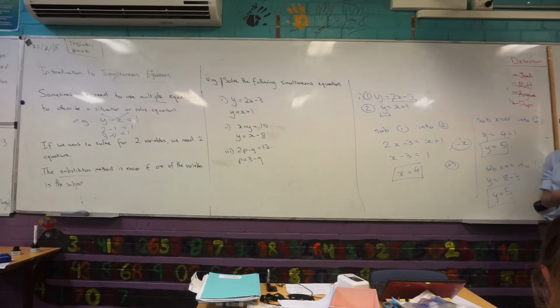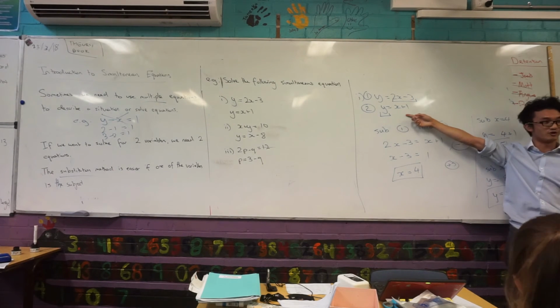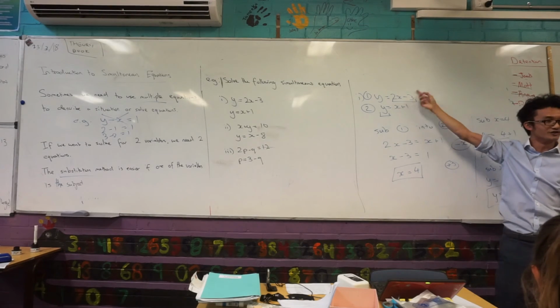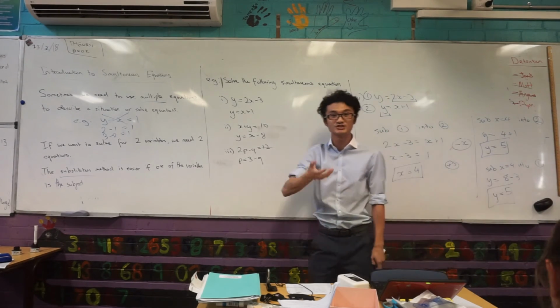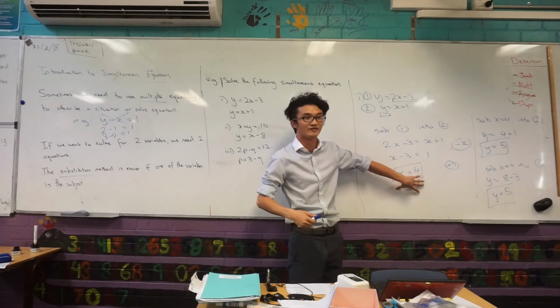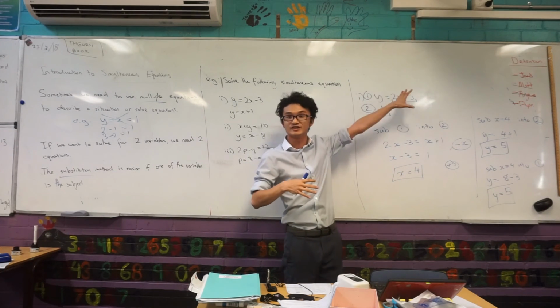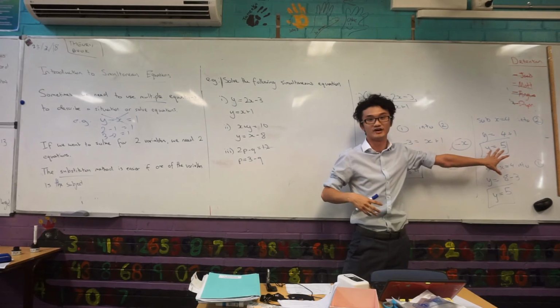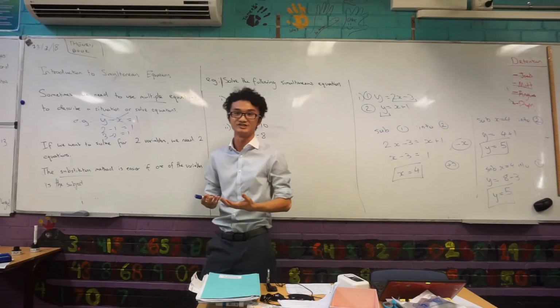Why do you think I substituted into the second equation? It's easier. All you have to do is 4 plus 1. You don't even have to think about all these operations. That's the option you're going to have when you start solving this. Once you've found one of the variables, you can substitute into any of the equations to find the other variable, but one of them would generally be easier than the others.